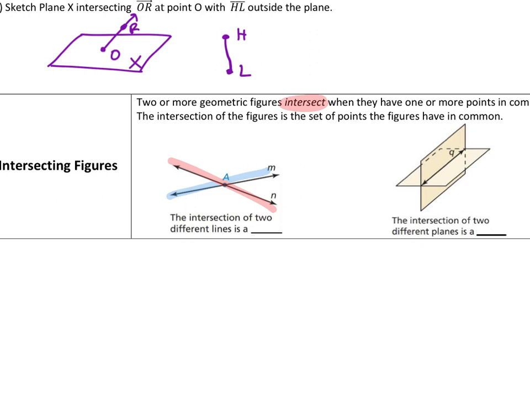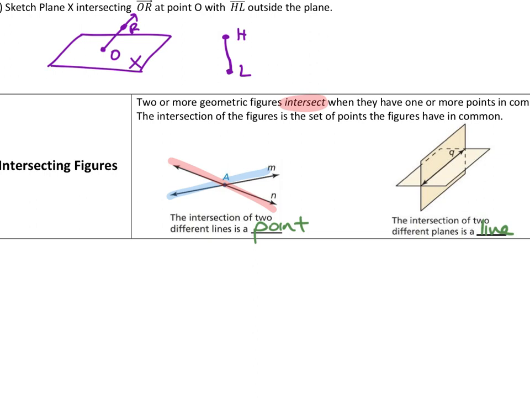Intersecting point. A point. So two lines cross at a point. We've known that since geometry or algebra when you found the place where two lines cross. But what happens if you take two planes, two parallelograms, and you cross them? It makes a line, which is really interesting, that intersecting planes create lines.